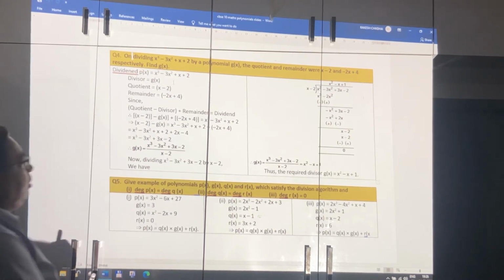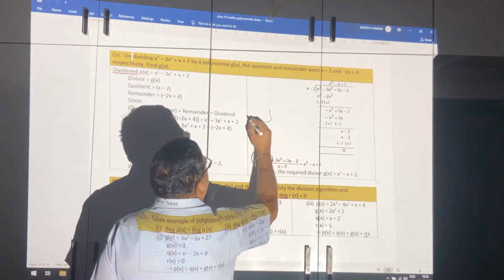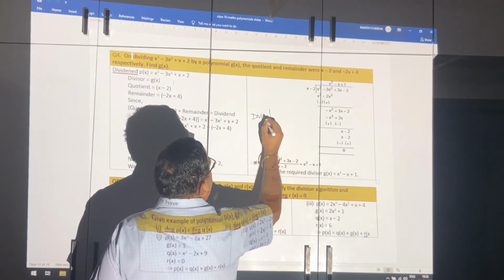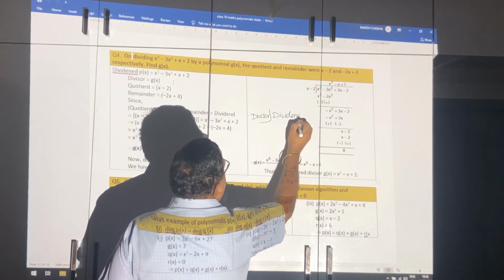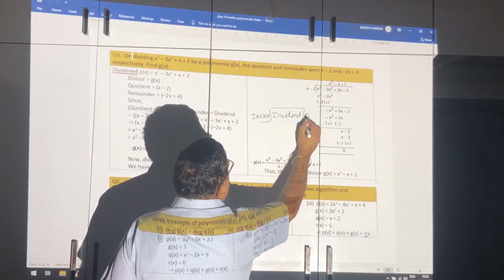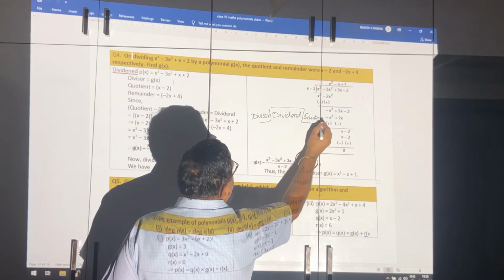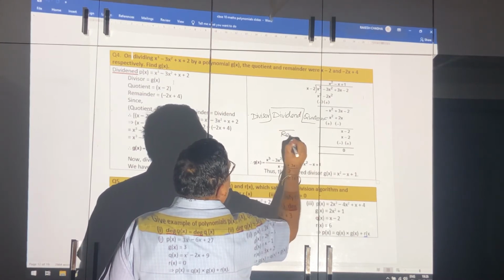If you forget, again I remind you: divisor, dividend, quotient and remainder.